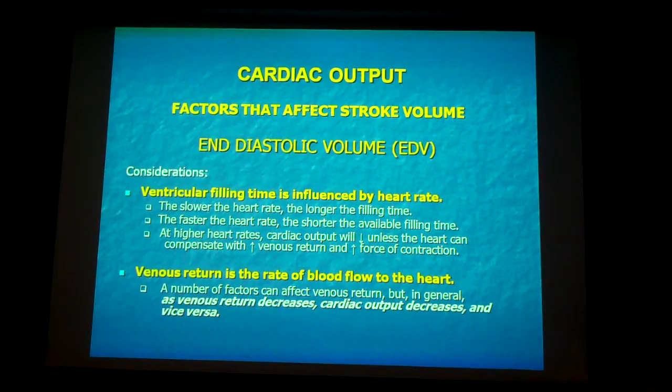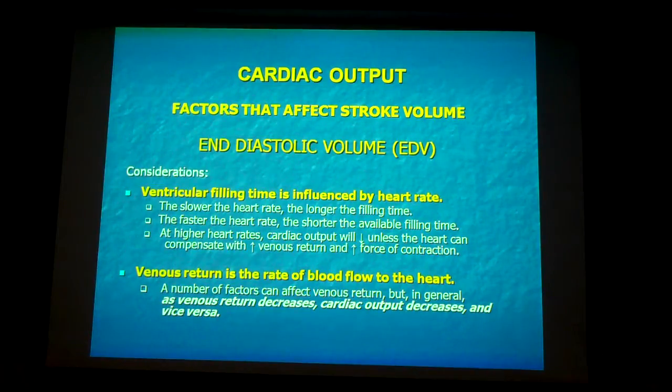So the slower the heart rate, the longer the filling time; the faster the heart rate, the shorter the filling time. Now, at very high heart rates, cardiac output will decrease unless the heart can compensate by increasing the return of blood to the heart and beat more forcefully.